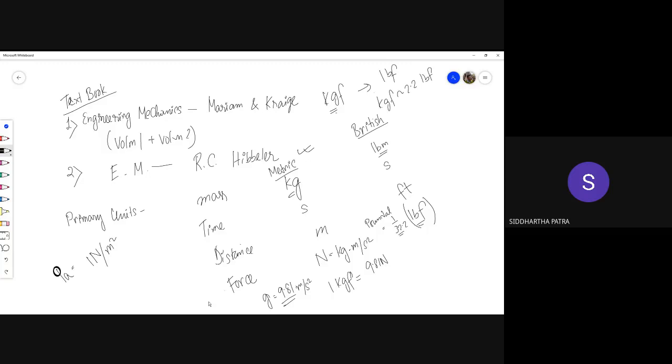Let's say there is an external force acting on a disk, given as 50 lbf, and the weight of the object is given to be 100 lb.